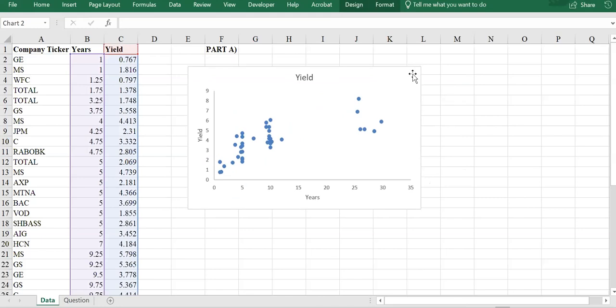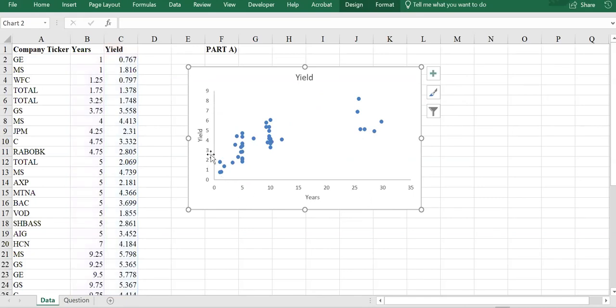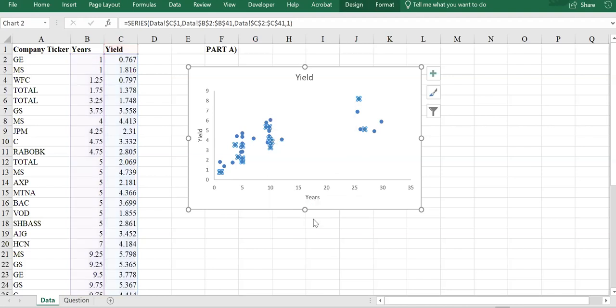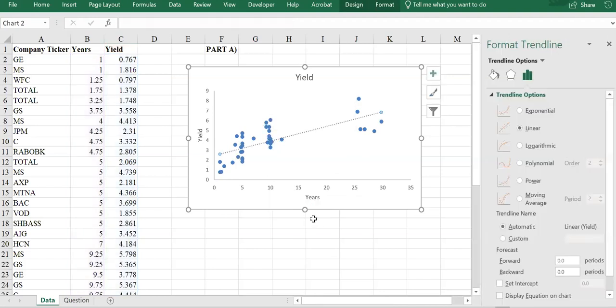So does linear regression seem to be an appropriate model? There seems to be an increasing relationship. As the years to maturity increase, you expect the yield to go up. This is only true for this sample. I'm going to add a linear trend line.